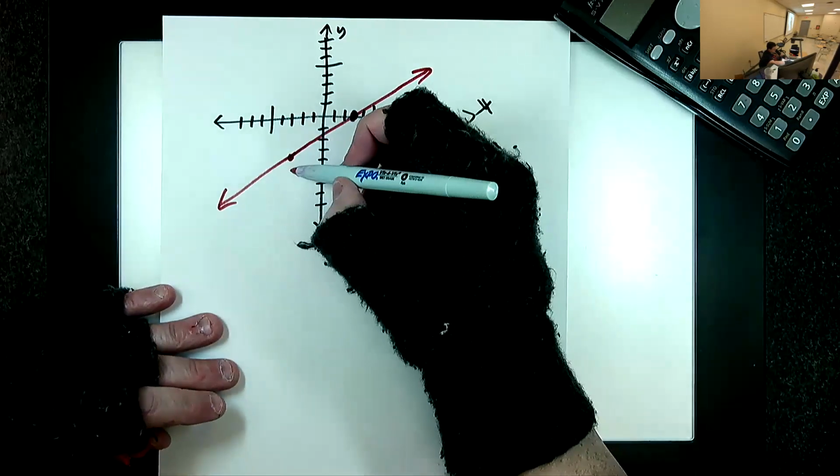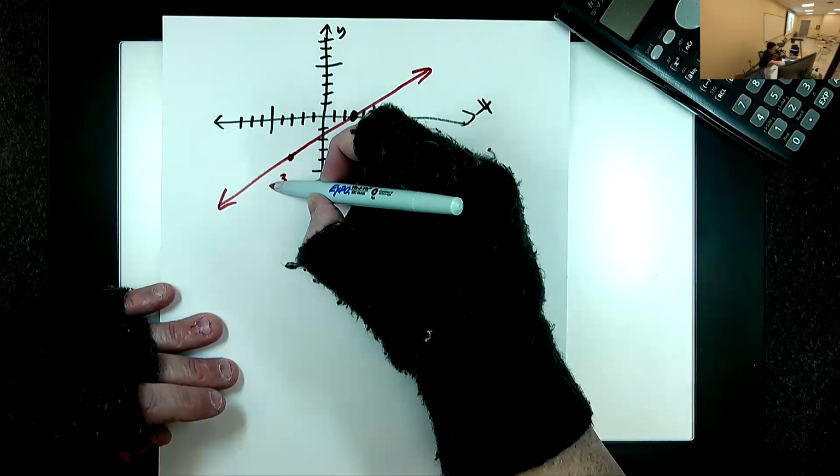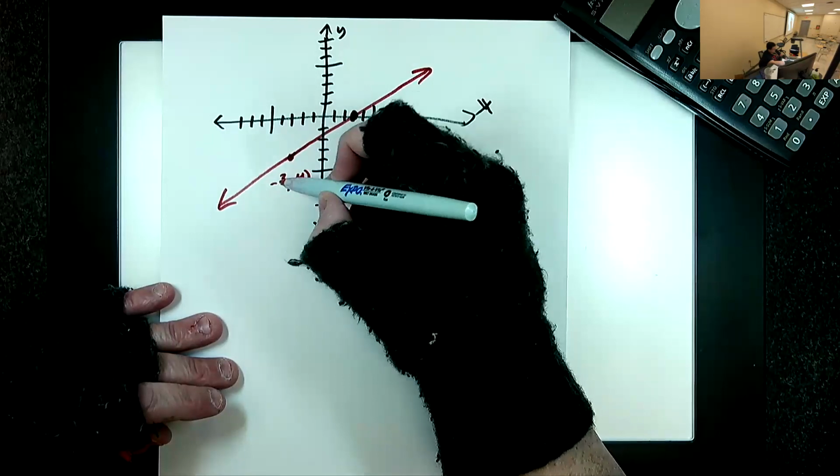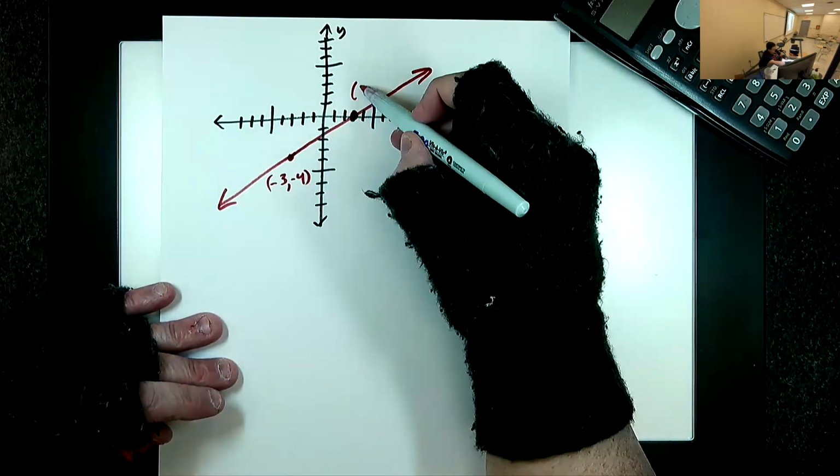So I don't know if this is clear. This is the point -3, -4, and that's the point 3, 0.